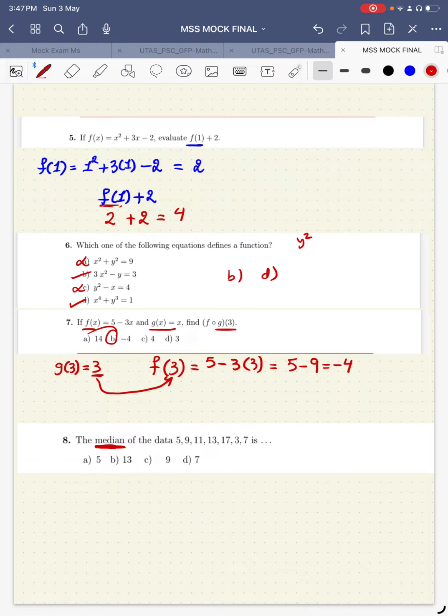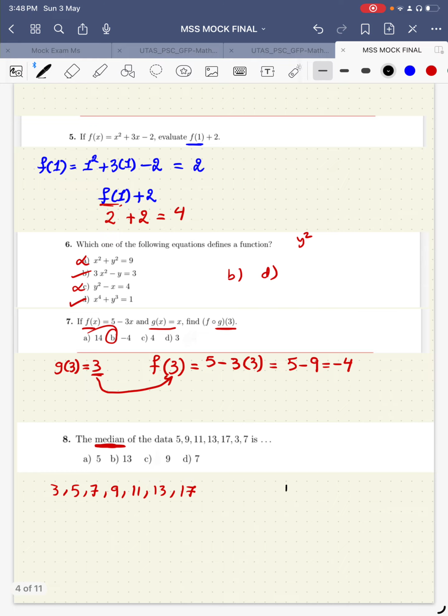So the lowest number is 3, and then I'm going to have 5, 7, 9, 11, 13, and 17. Now I'm going to pick the median, the middle value, but there's a rule that tells me which number to pick. Remember, the number of entries, or observations, here is 7.